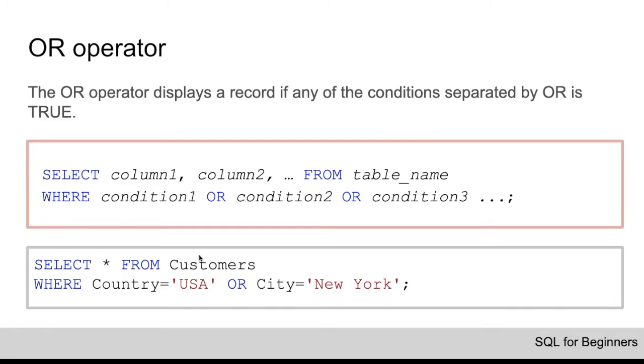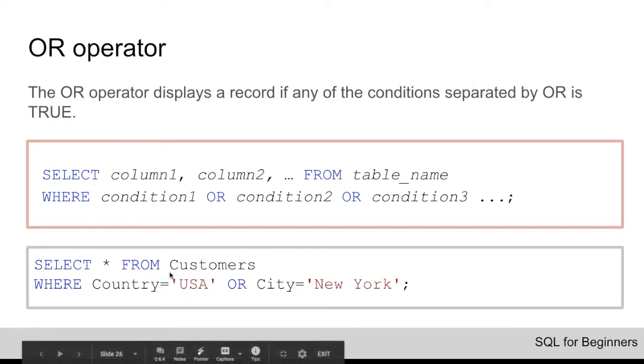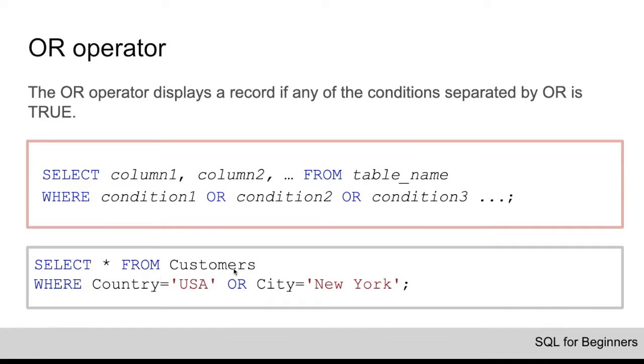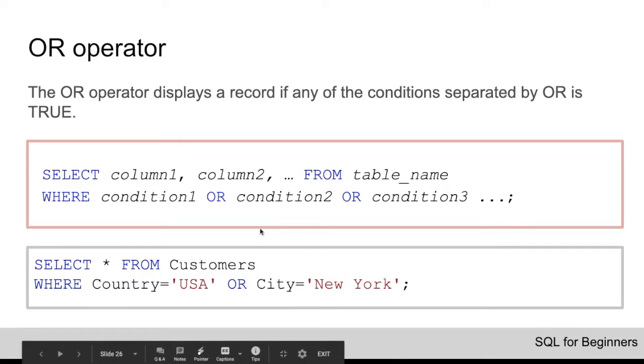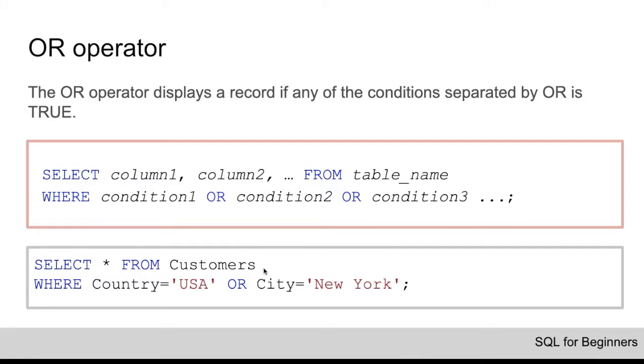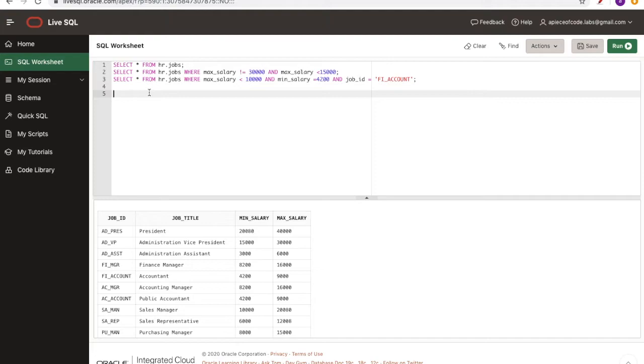Here we are trying to display the table filtering by country, where the country is equal to USA or city is equal to New York. In this case, if one of these conditions is not true, it's still going to give us the result set, and if both of them are true, it's still going to give us a result. Okay, and let's practice them more.